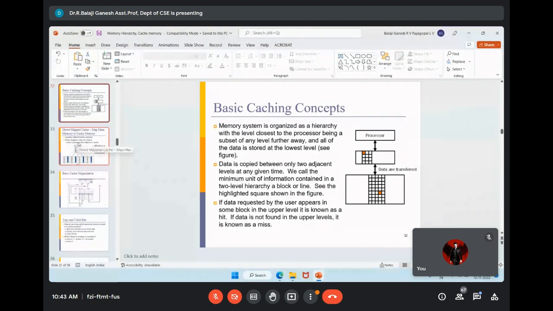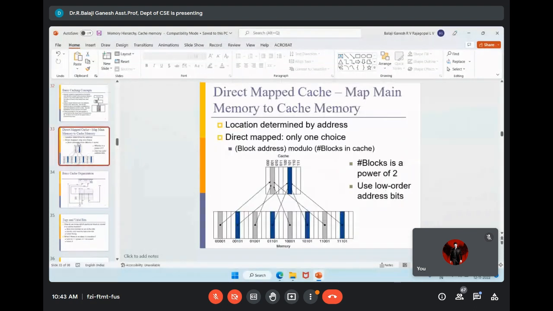There are three cache mapping functions: direct mapped cache, set associative cache, and fully associative cache. Direct mapped cache means each and every main memory block can be placed uniquely in only one cache block. Say here the total main memory blocks is equal to 32 and total cache memory blocks is equal to 8.